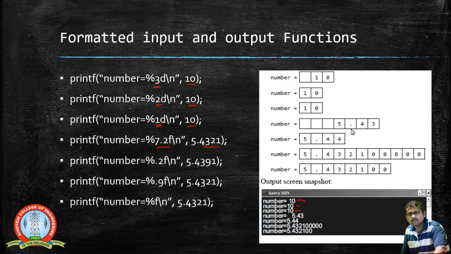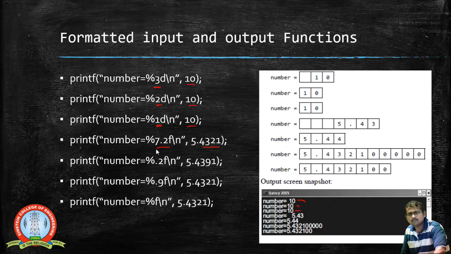So after the decimal point, the value can be rounded off to 2 digits. That is what we mean. So as it is 5.43 and it is 7.2, it is being rounded off to 2 digits, so it is 5.43.